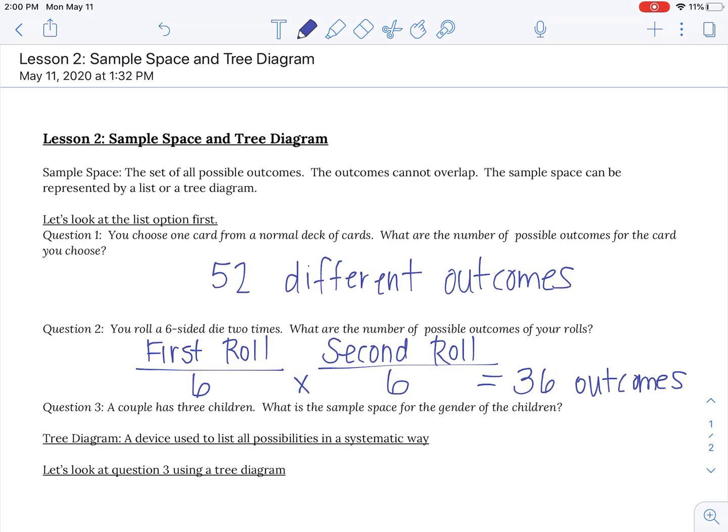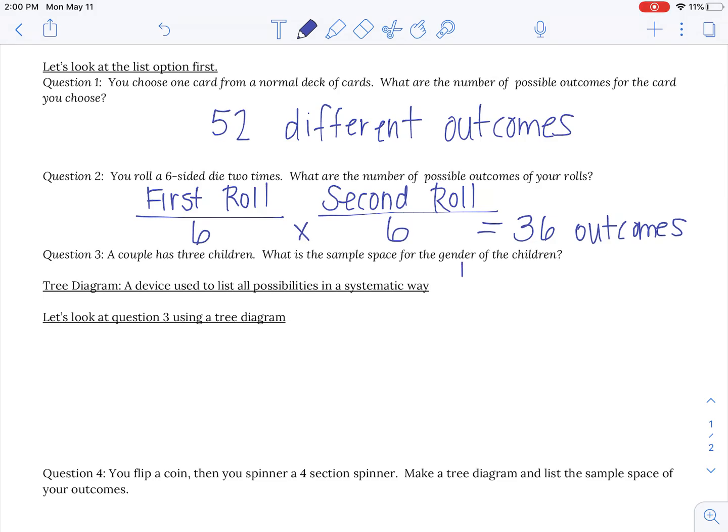Question number 3. A couple has 3 children. What is the sample space for the gender of those children? So I'm going to list out to the side. We have the first child, like myself. We have a second child, and we have a third child. And for each, they can be a male or a female. So the first child can be male or female, which is 2 outcomes.